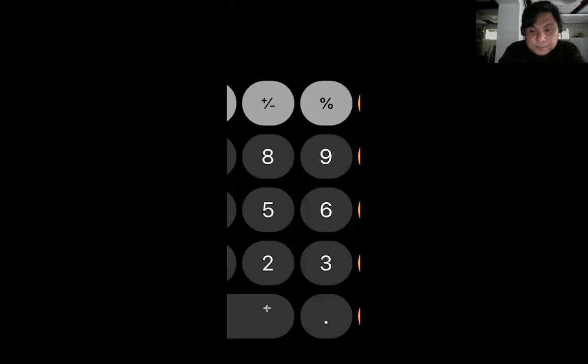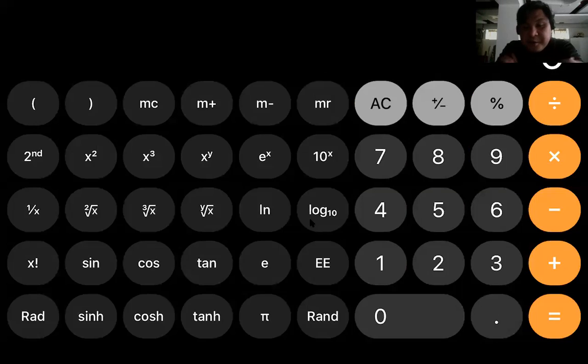Wait, I think something went wrong with my screen share. So let's just go back into that screen again. All right, so here we go. As I mentioned, once you turn your phone over on its side, it should access this particular scientific calculator base.